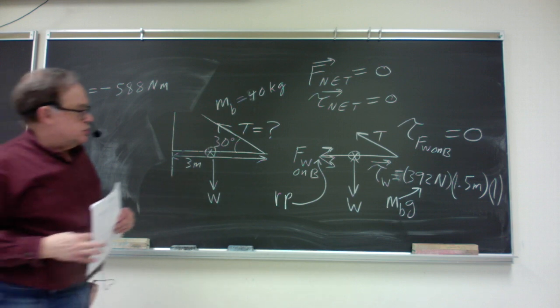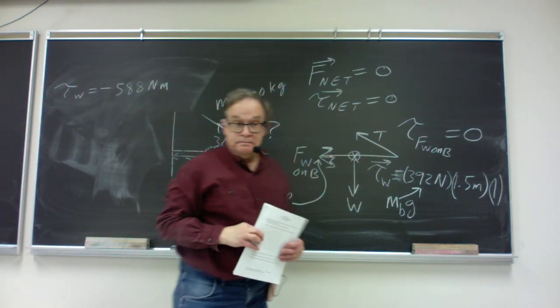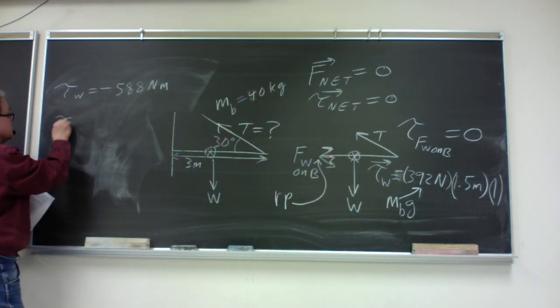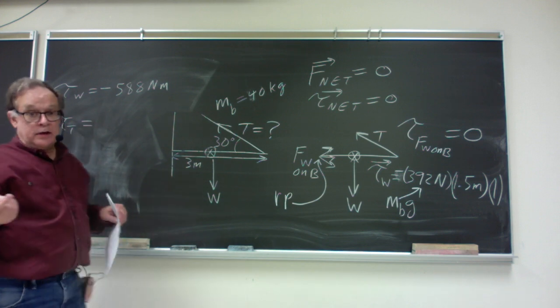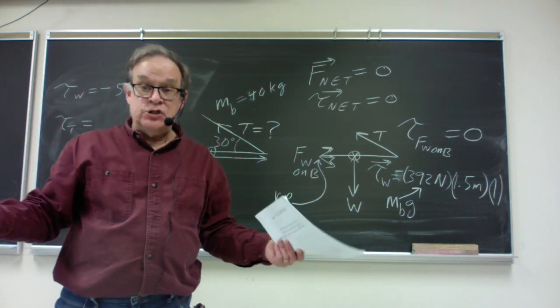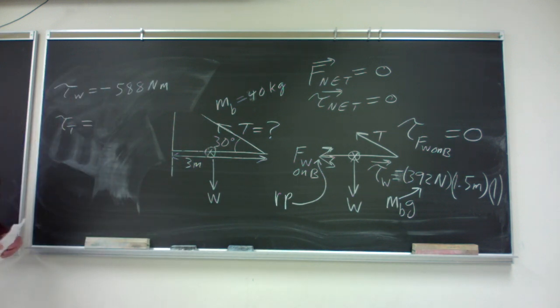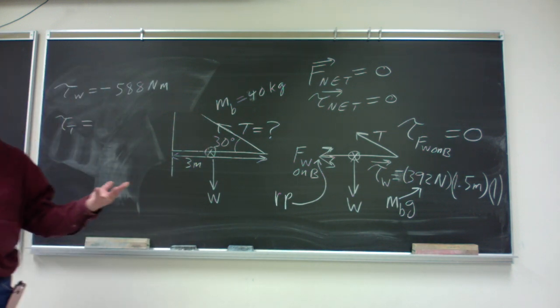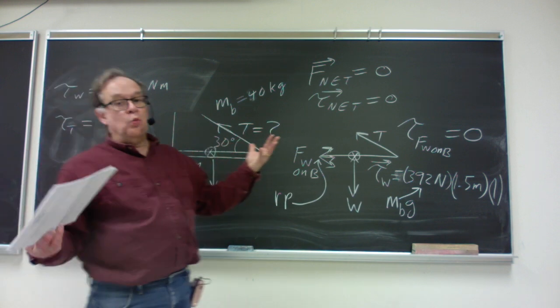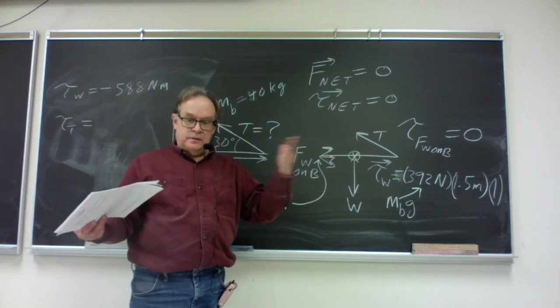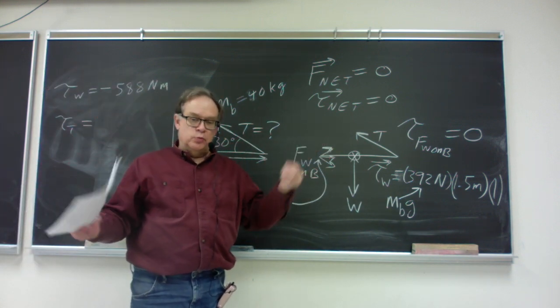Now last torque, the torque due to the tension. We cannot get a number for that because we don't know the tension. Tension is the thing that we're trying to find. So all we can do is write an algebraic expression. An algebraic expression just means one of the factors in there is an algebraic variable.